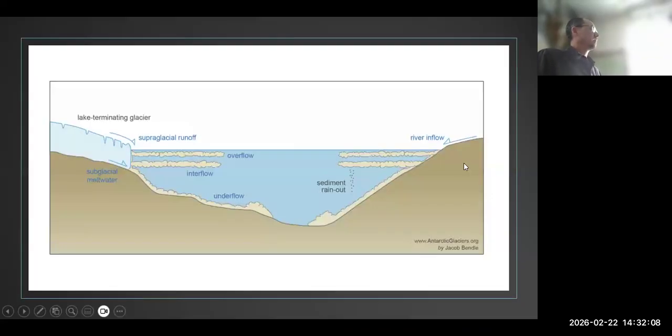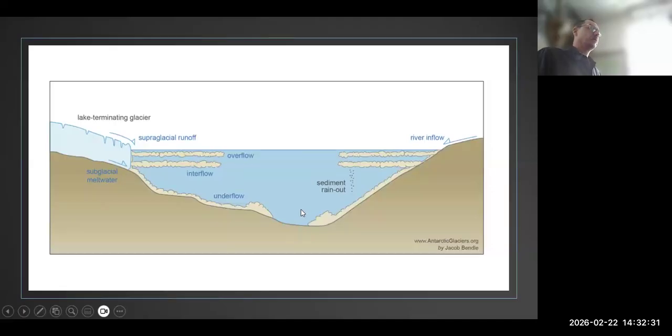To give you a sense of the way that some of these can be formed, either we've got direct runoff from ice, or if the ice is completely gone out of the picture, we still have meltwater streams bringing sediment into this lake. So we have rain out of sediment once it makes its way in there, and eventually that's going to pile up on the bottom.